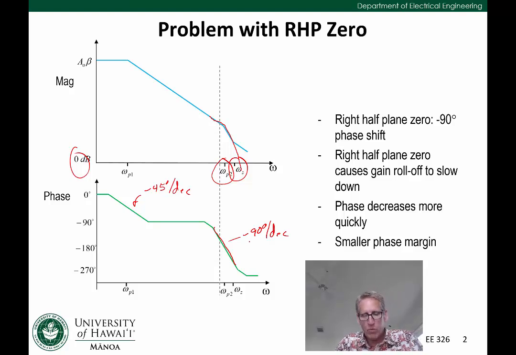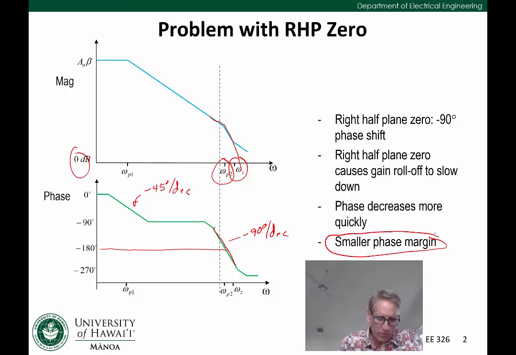So we get a faster transition in the phase, which means we're getting closer and closer to this threshold of 180, which is going to give us instability. Even if we're not unstable, it can also lead to a smaller phase margin, which, as we know, causes problems. So that's the challenge with the right half plane zero.